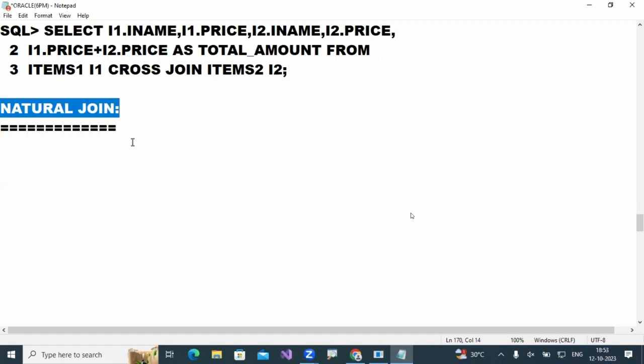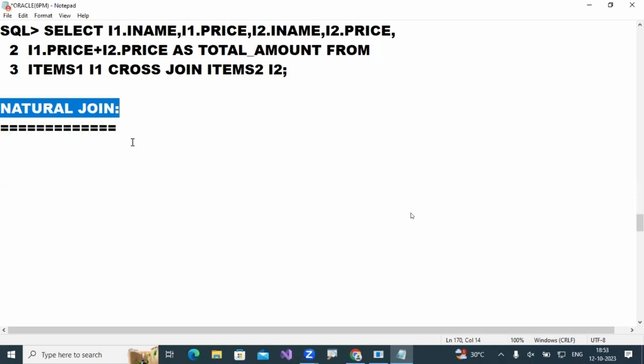What is that? In natural join, the condition is not explicitly defined by the user. Then who will define this natural join condition? Your system. So the system automatically prepares your natural join condition. Okay, now, but in equi-join, who writes the condition? The user.